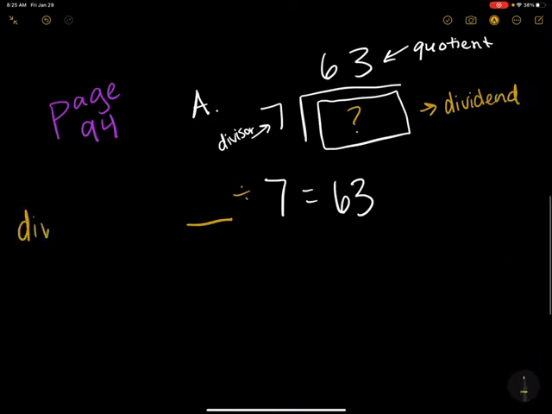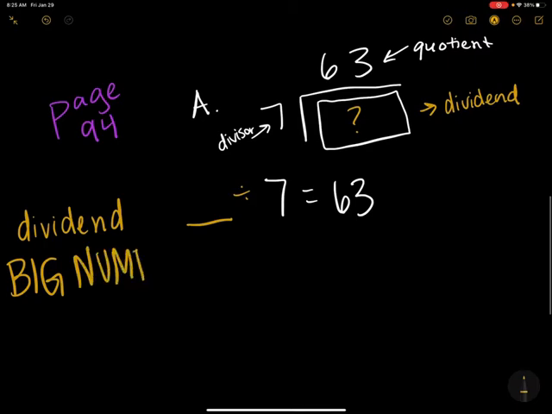Dividend, or the big number, is always the one that goes inside or under this little, we'll just call it a half rectangle.